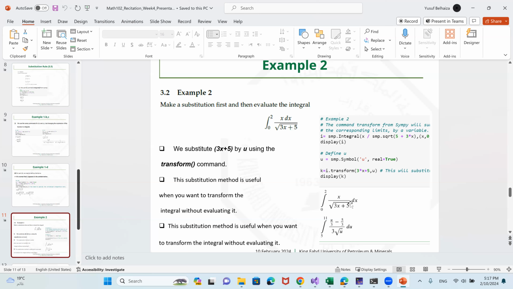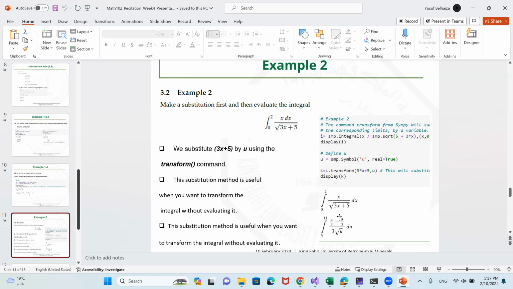Once you display the first integral, this is I, and this is the new k after the substitution. Now u is integrated from 5 to 11, and that's normal because x was from 0 to 2. And that's the new integral.